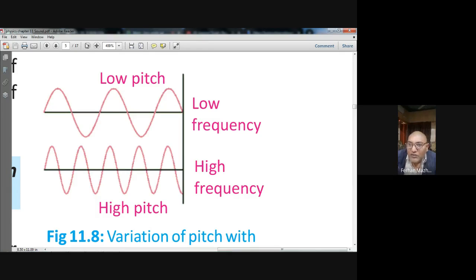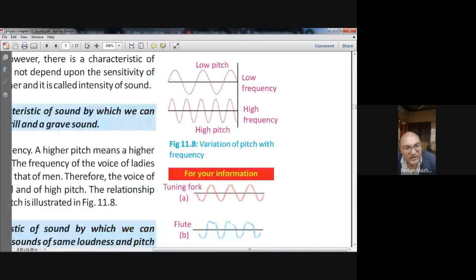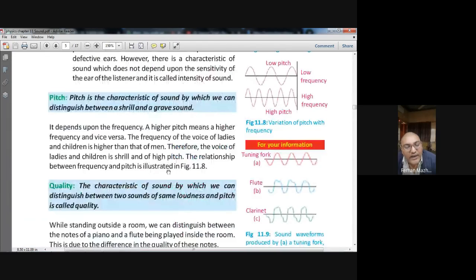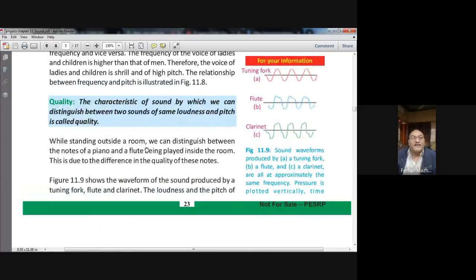So till now, we have talked about two characteristics: one is the loudness of the sound, and the other one is the pitch of the sound. Now we move to the third characteristic, a very important characteristic in the O-levels course. That is the quality of the sound.